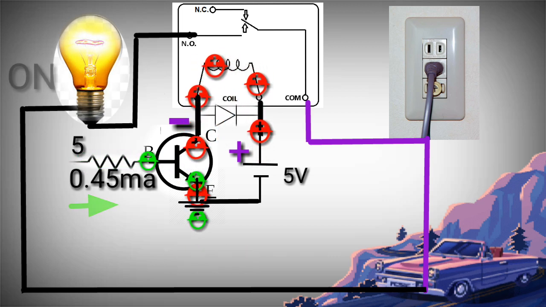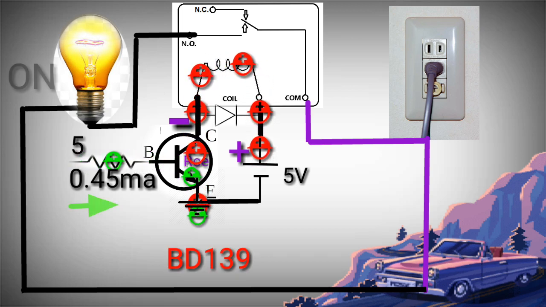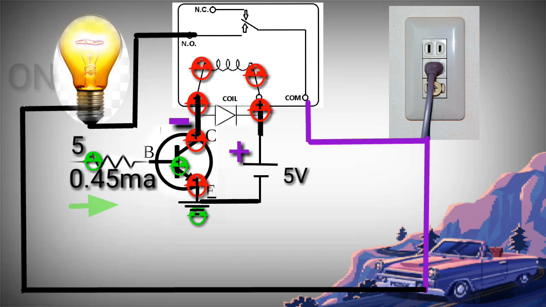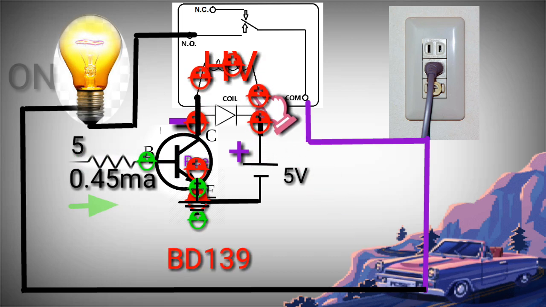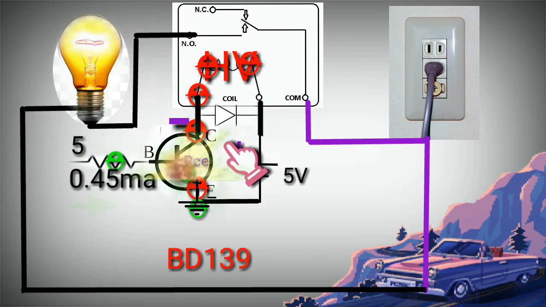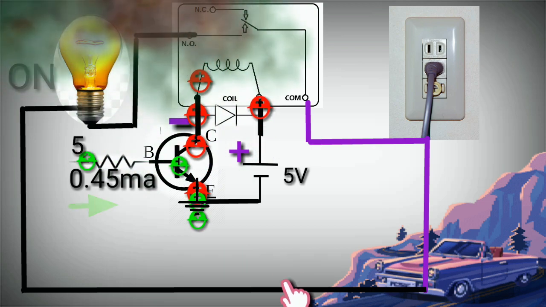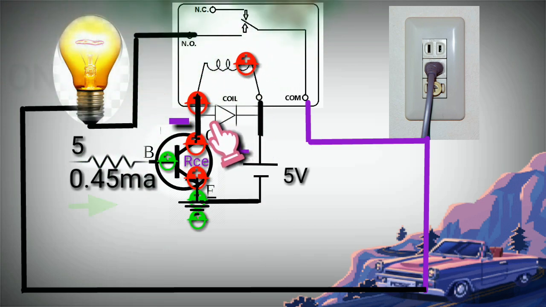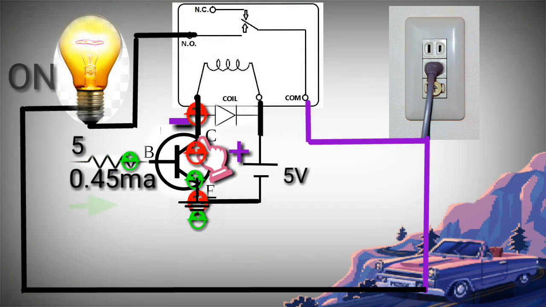When the power is turned off, the coil begins inducing high voltage. And this voltage can destroy the transistor. Since the diode is connected in the circuit, the transistor will be protected.